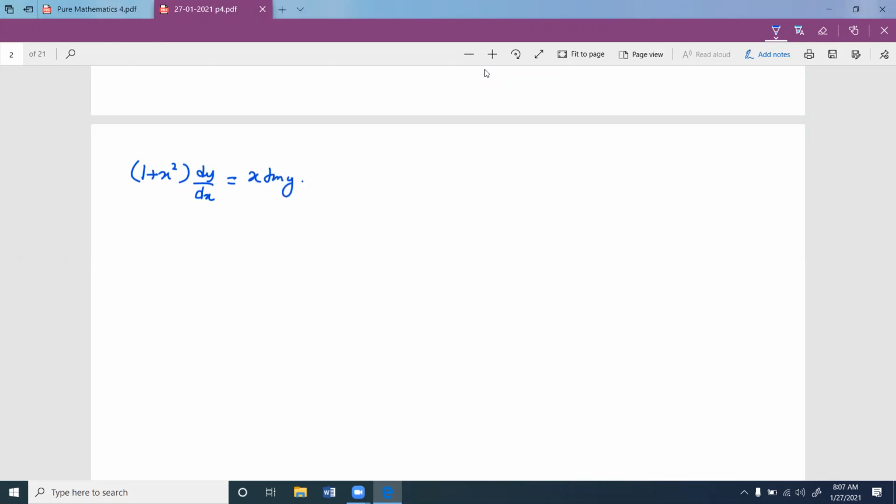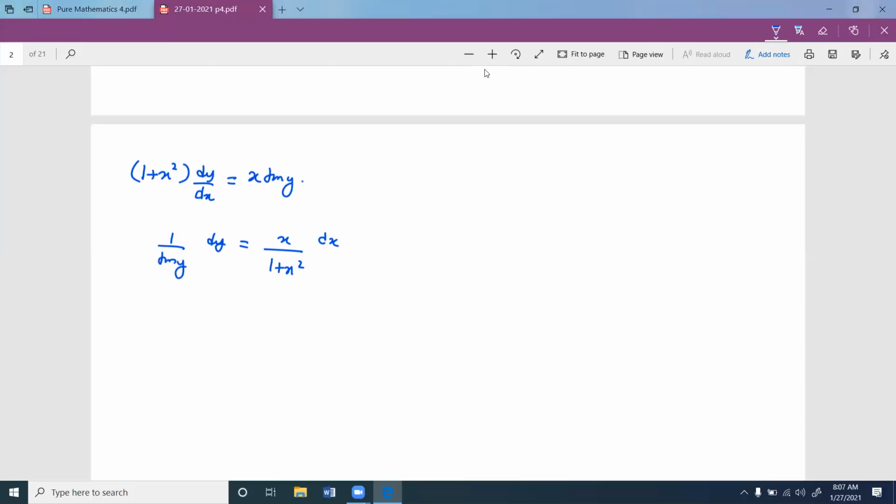Then what you can get here is to bring the y terms to one side and the x terms to the other side. When you take them over, dx should come to the numerator. That's why you can say x over 1 plus x squared dx is equal to dy, 1 over tan y.